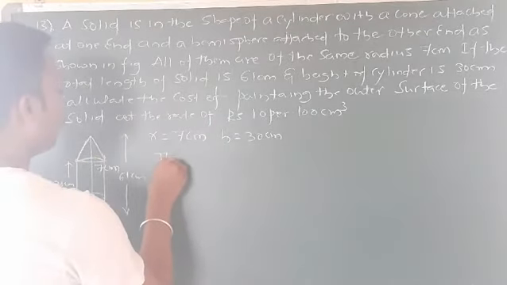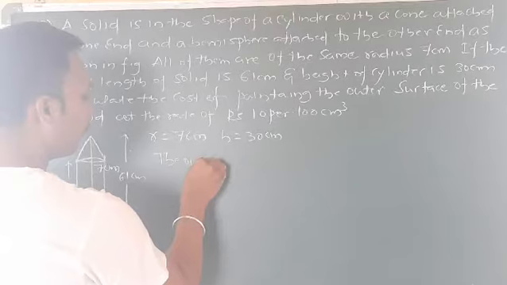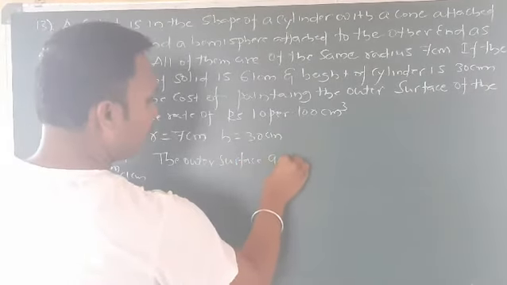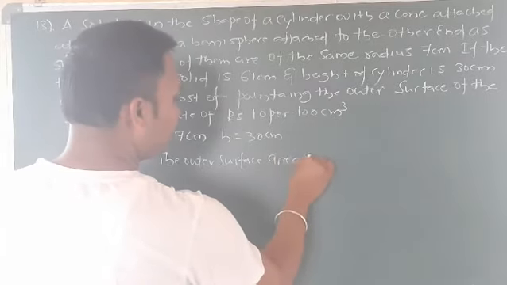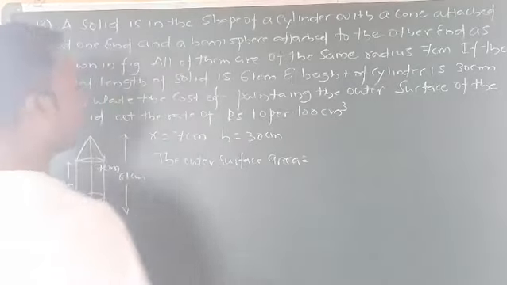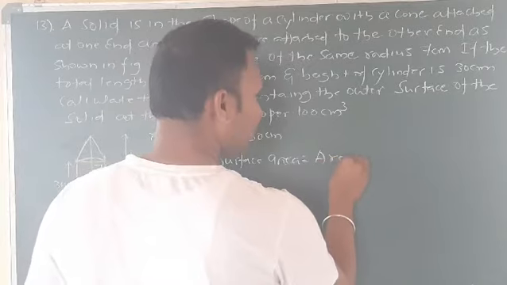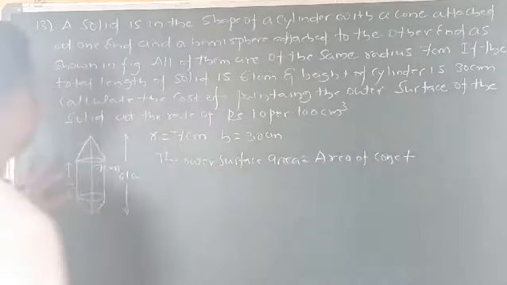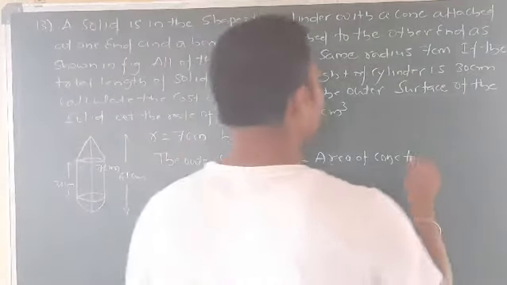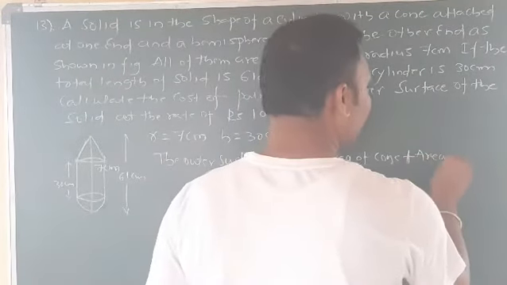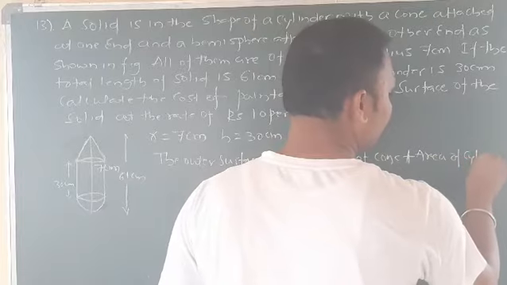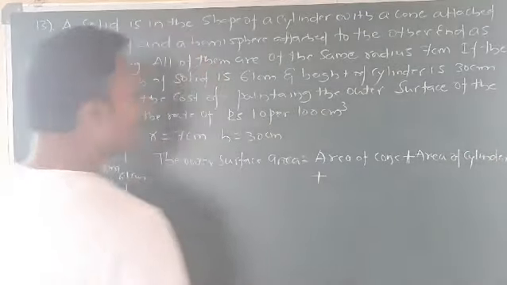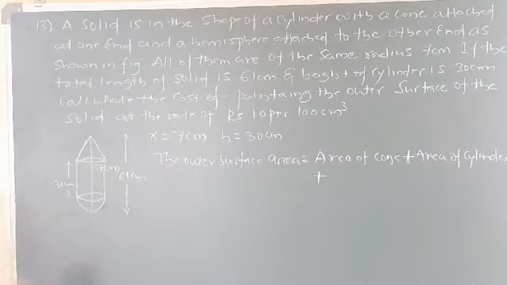So the outer surface area is equal to area of cone plus area of cylinder plus one more, area of hemisphere.